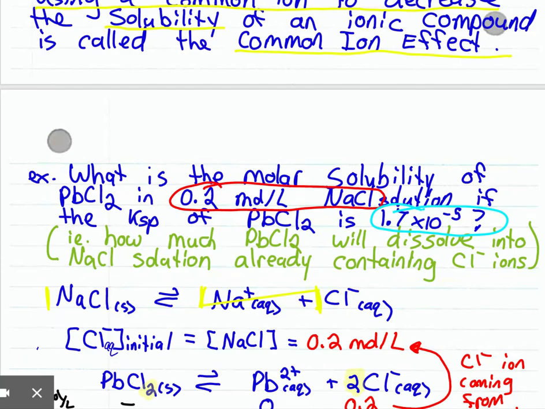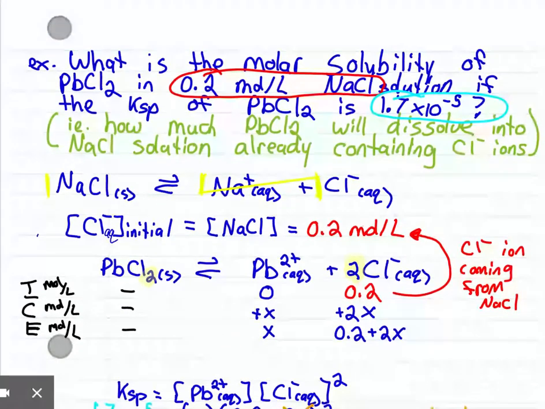We want to know molar solubility. You already know how to calculate molar solubility. You know you need an ice table. So we're going to make an ice table, but we are being asked the molar solubility of PbCl2. So it's the PbCl2 that goes in the ice table in equilibrium with its ions. Be careful. It's not the sodium chloride.